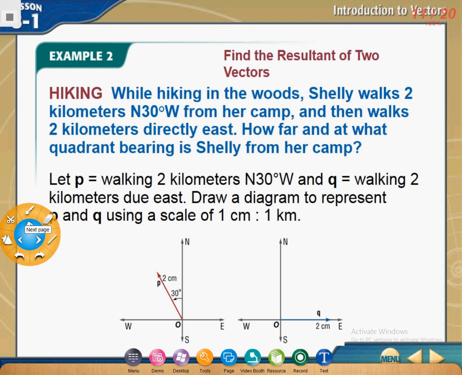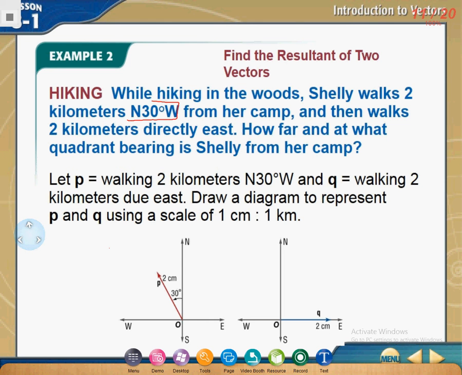Okay, a word problem, good. So you can practice word problems. Let's see. While hiking in the woods, Shelly walks 2 kilometers, 30 degrees west of north. Do you remember this?